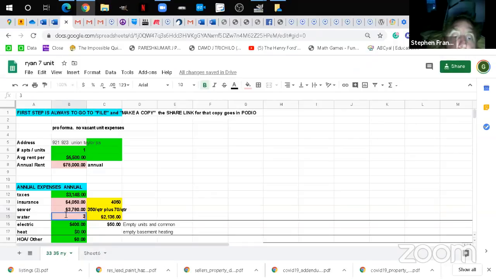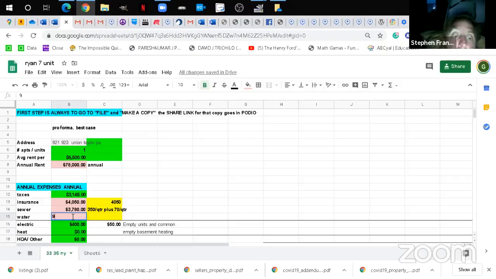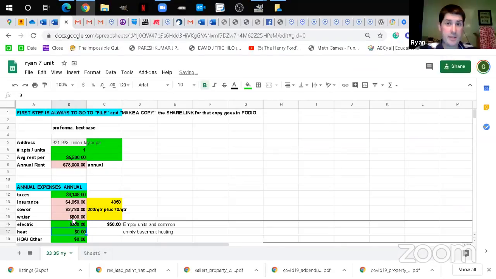Water probably goes up to 3,000 a year because again, there's more people using it. Now, actually, if I make this pro forma best case, I'm not gonna have a water bill. Right. I'll probably still have 500 a year because I have the protection plan. I still have the laundry. Oh, that's right, laundry.